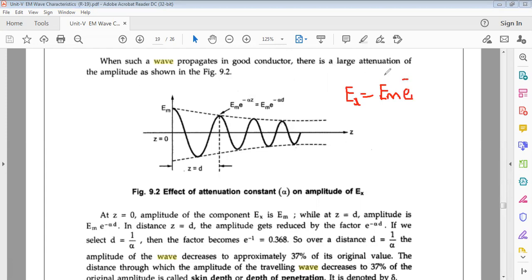There is a large attenuation, so the amplitude is e power minus alpha d after traveling the distance d.